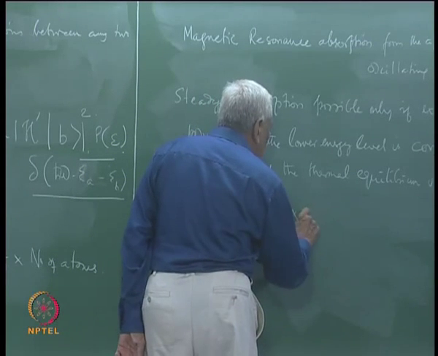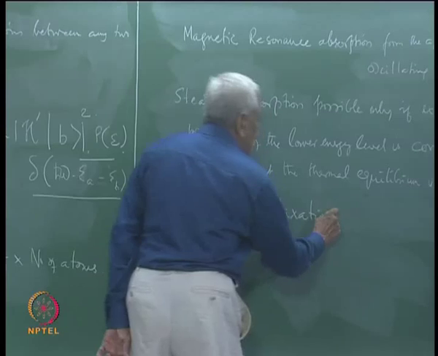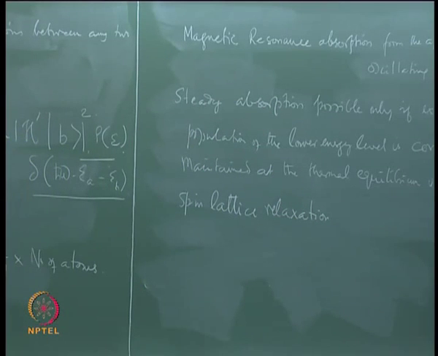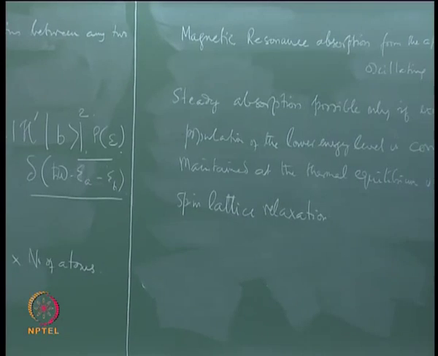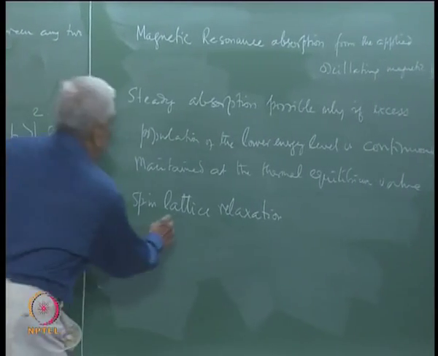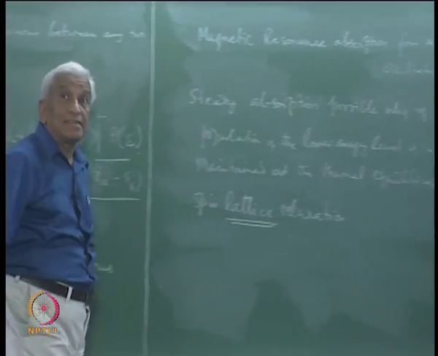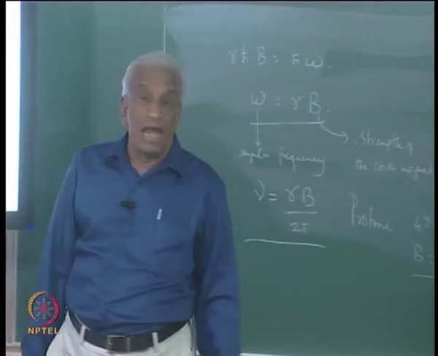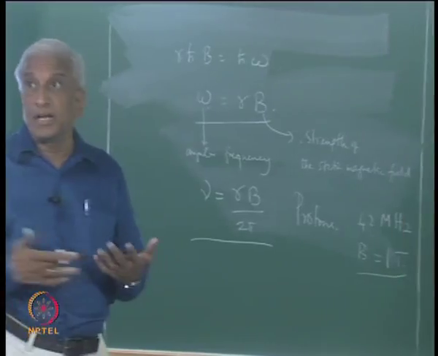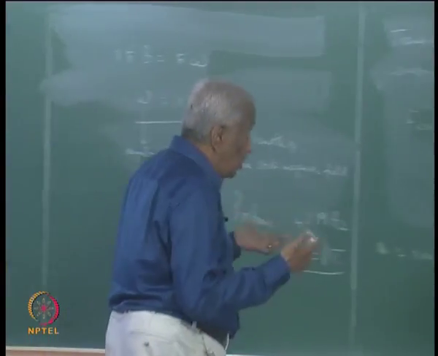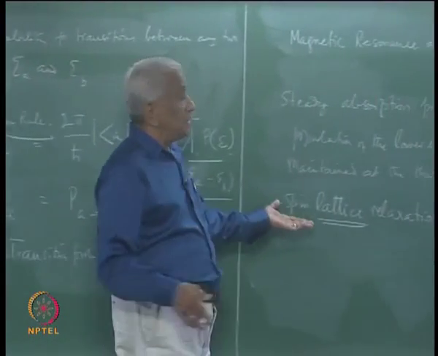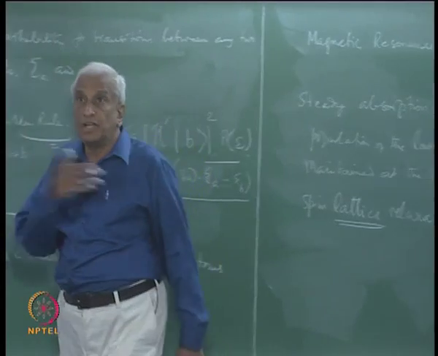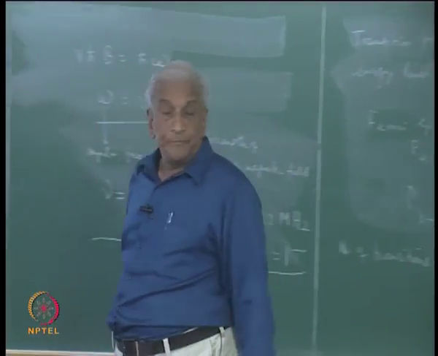The external bath, which acts as a heat reservoir which absorbs all the heat which goes into the spin system, is called collectively the lattice. So, the bulk of the water is the lattice in this case. This is because in a solid crystal, this is a lattice. So, because of that, that term has stuck.